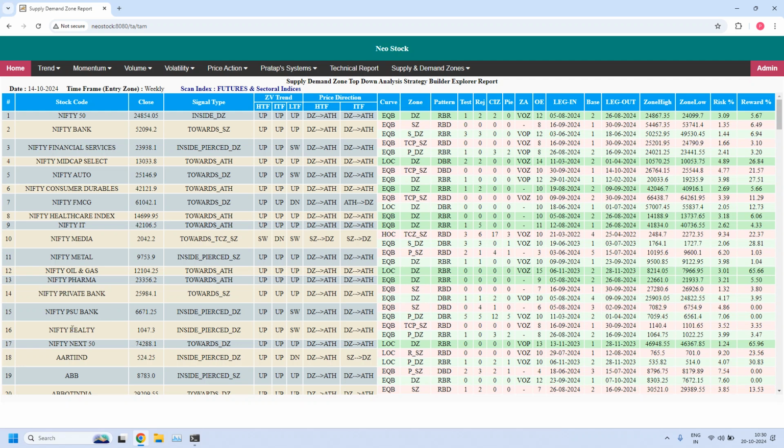That includes all the sectoral indices, and the remaining are all equity stocks. The equity stocks are filtered from the stocks listed in F&O. They are all equity stocks, filtered from F&O listed companies. I keep on scrolling the list down; whichever stock you want to refer to, please pause the video there. I am scrolling the list down.